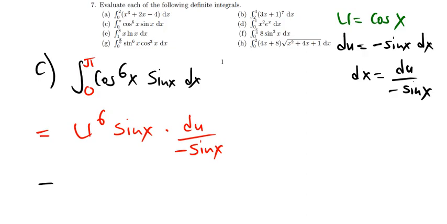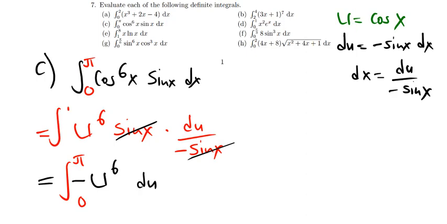We know that this and that can just divide, and you remain with negative u to the power 6 du. Then to integrate, you know what to do. Increase the power by 1, so we can pull out the negative. Then increase the power by 1, so that would be power 7, and divide by that same 7.